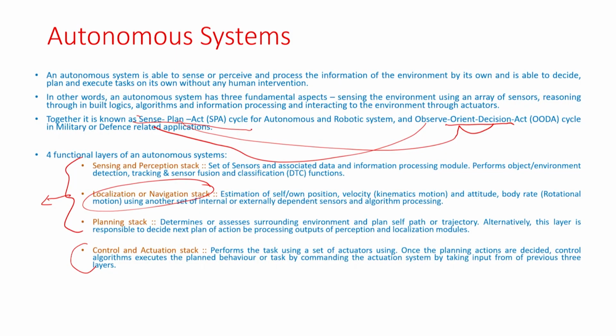In the absence of GPS, you can use a camera or vision sensor with a visual odometry technique to estimate your position. So, the localization and navigation stack gives you primarily your kinematic information: your position, velocity and body rates, everything with respect to a global coordinate system.